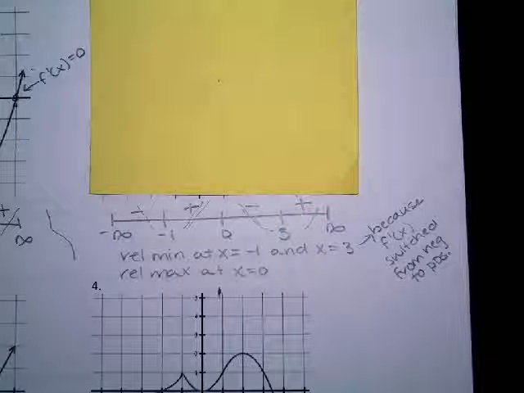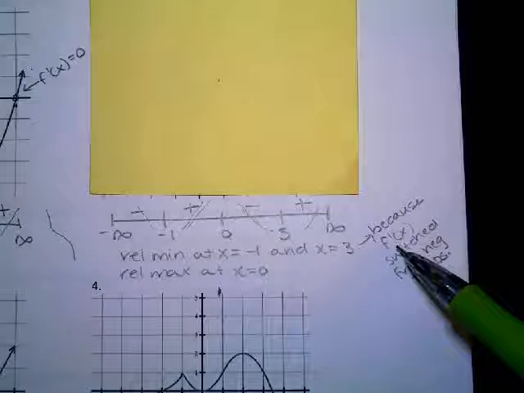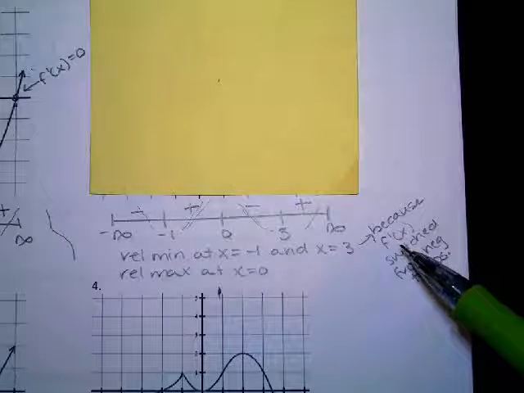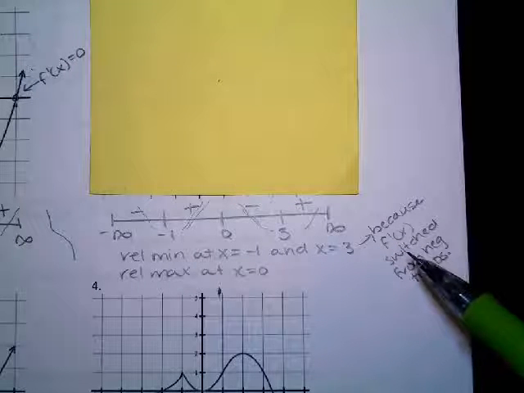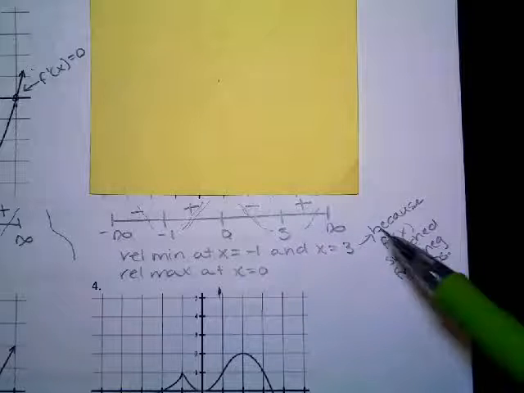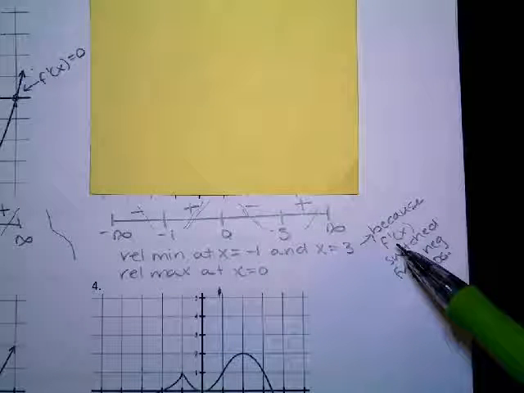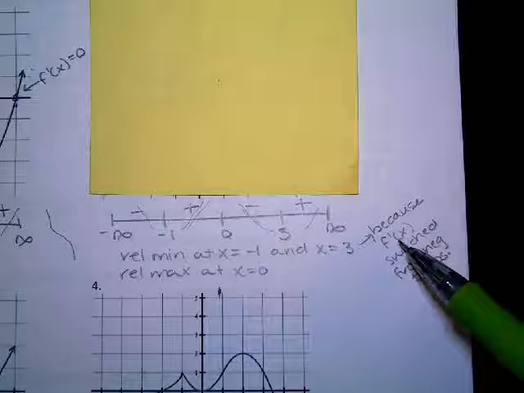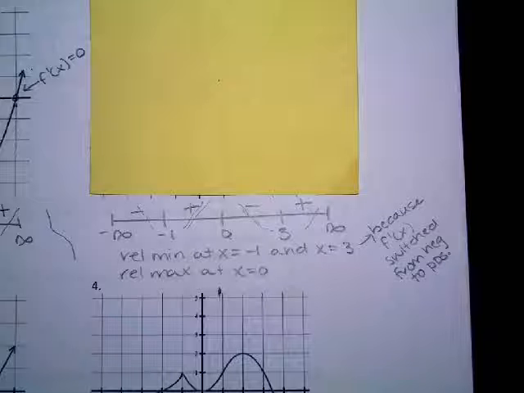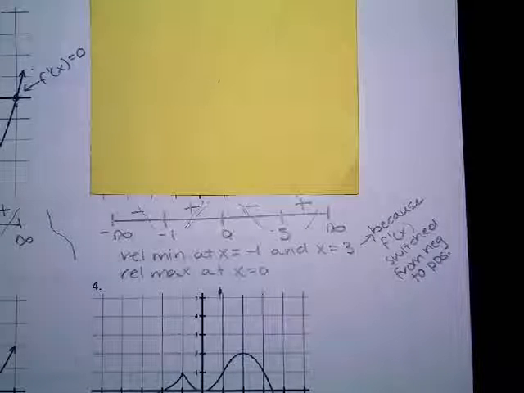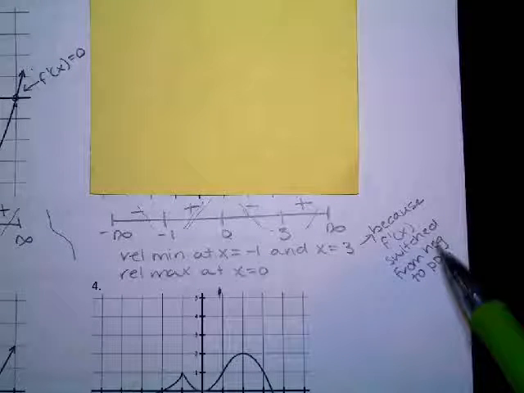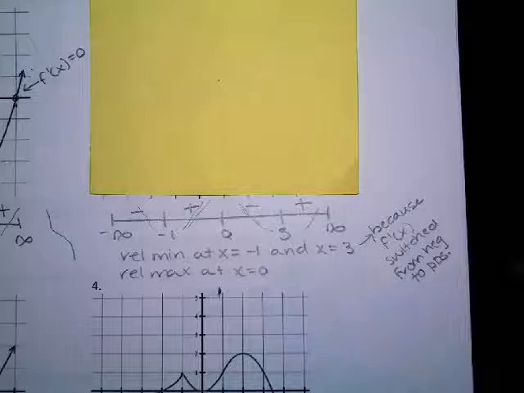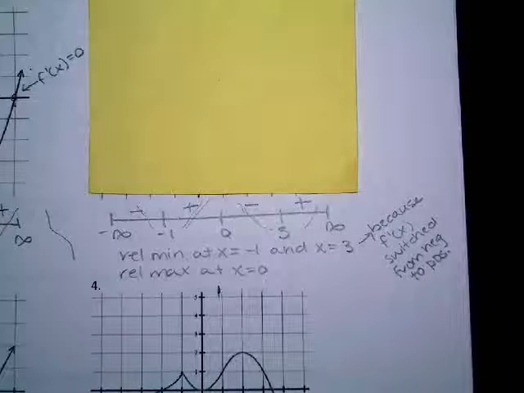So whenever we're doing calculus for these, we have to be very specific about what we're talking about and what it did. F prime of x. So we say either f of x, f prime of x, f double prime of x. We're very specific to name it. And then we're very specific to say what it did. Switch from negative to positive. Okay? All right, go ahead and do the other ones.